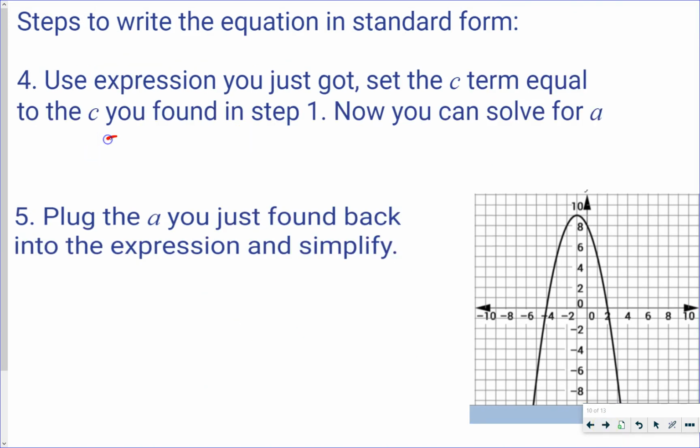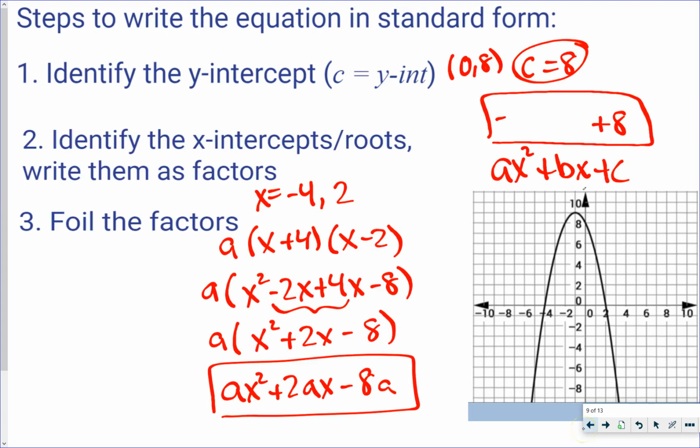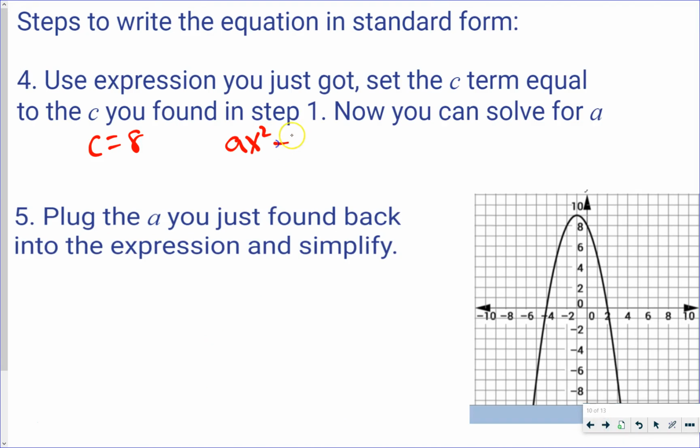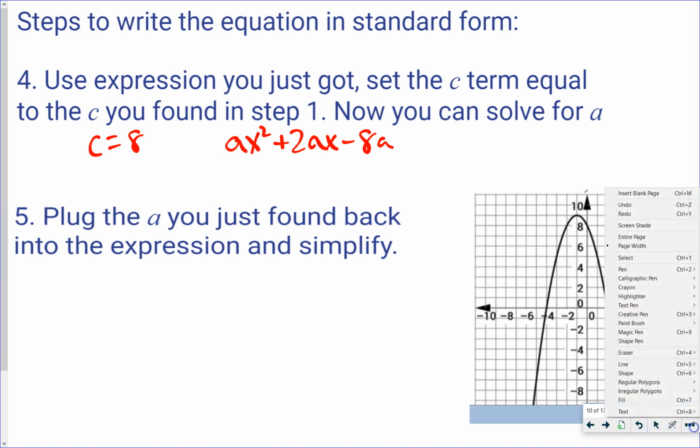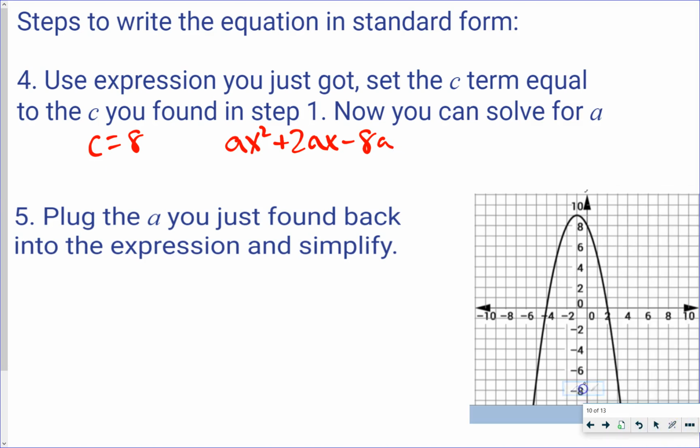So in the beginning, we had C was equal to 8, right? That equation we just had, what was it? I'm trying to remember. There we go, 2ax. So, based on this, looking right here, if that has to equal 8, then a has to equal negative 1.